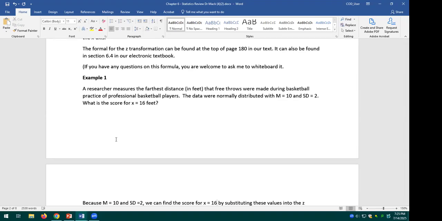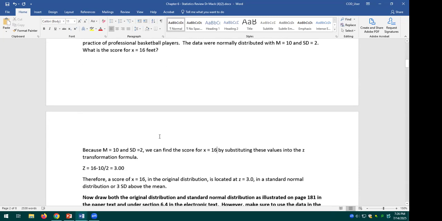So here's your mean, 10. And the standard deviation was 2. So that's 12, 14, and 8, 6. Every one of those is a standard deviation of 2. And what is the score for x equal to 16 feet?